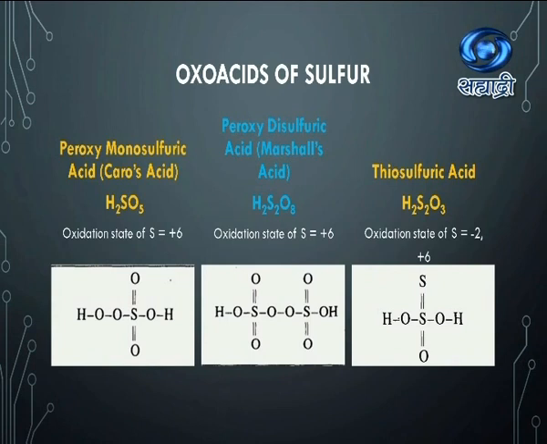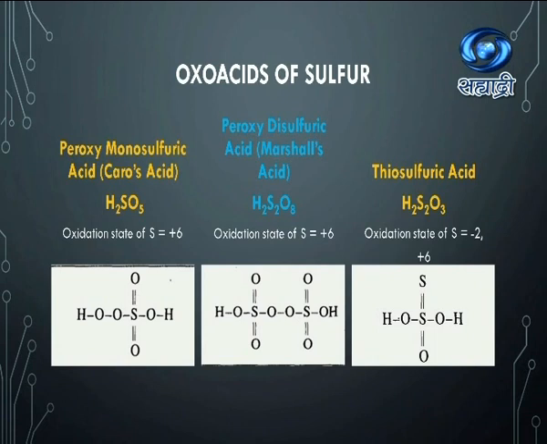Then with the last oxygen atom, there is a sulfur-oxygen double bond. So this central sulfur atom has +6 oxidation state. And with the other sulfur atom, there is an S=S double bond. So that second sulfur atom exhibits -2 oxidation state. As both the sulfur atoms are covalently bonded, this is the second sulfur atom exhibiting -2 oxidation state.